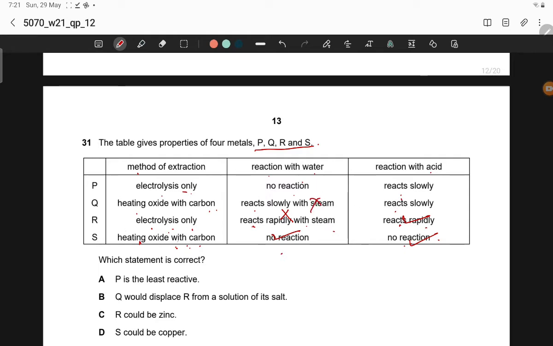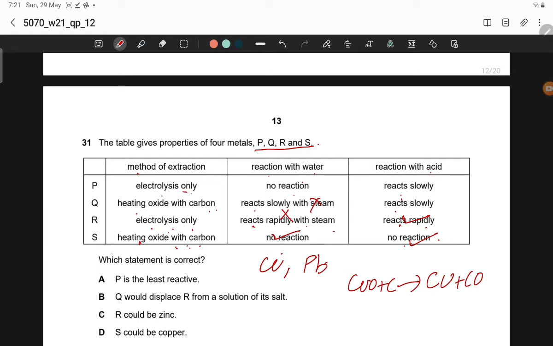So all metals like copper and lead, their oxides react with carbon to form copper and carbon monoxide.